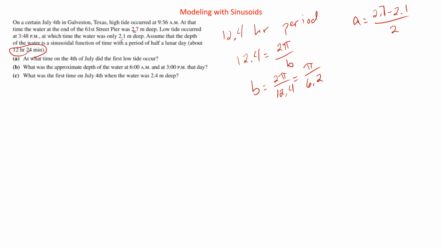So 2.7 minus 2.1 is 0.6, divided by 2 is 0.3. From that, we can actually find D as well, because D is going to be the point that's halfway in between them. Halfway in between 2.1 and 2.7 is 2.4, which we could get by 2.1 plus 0.3, or we could just add them together and divide by 2 to find that average.